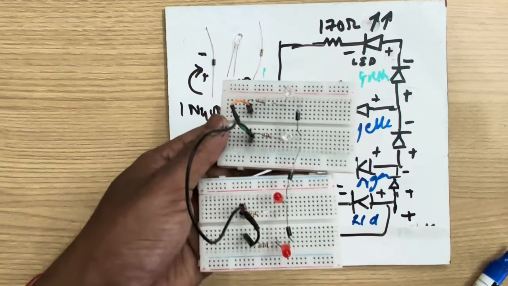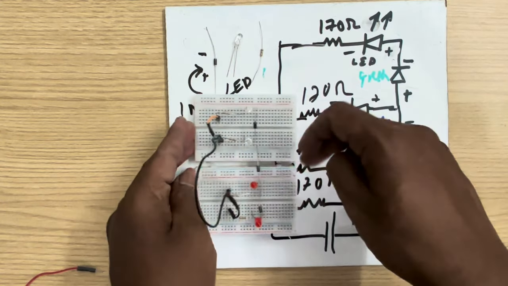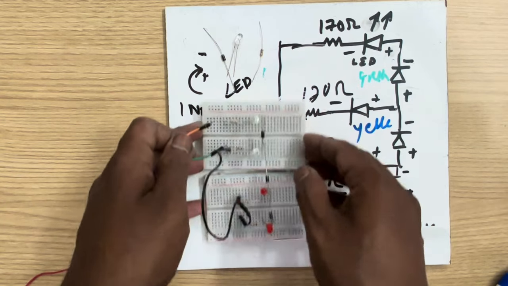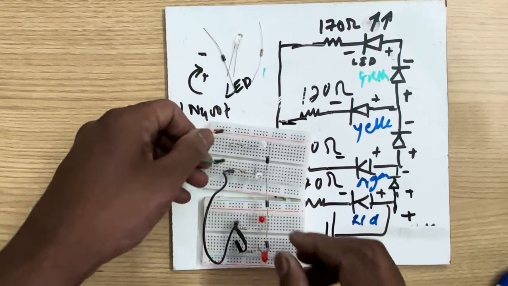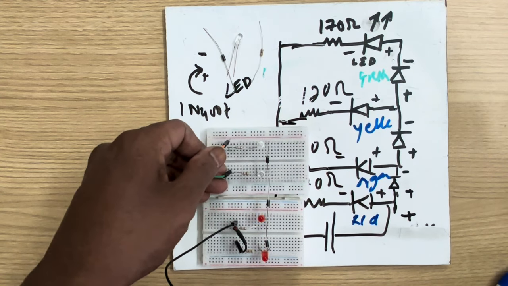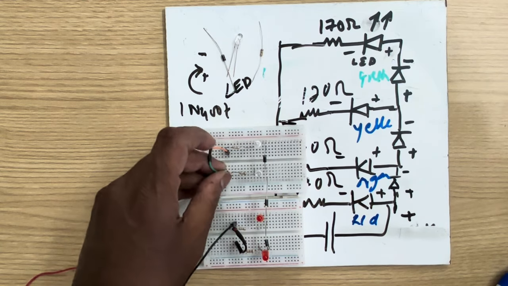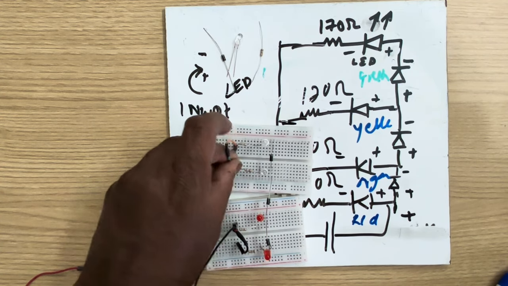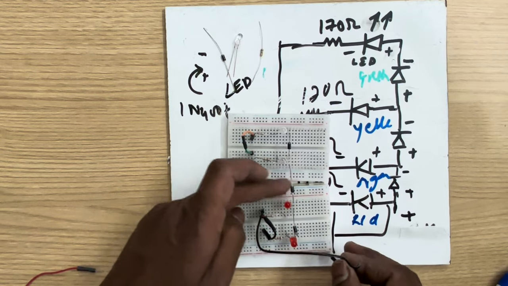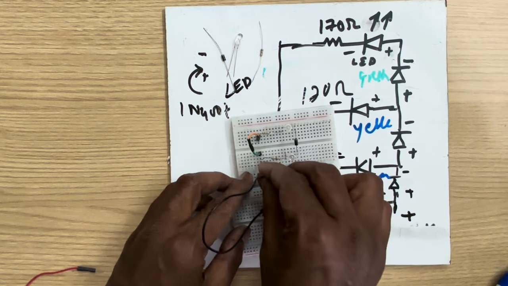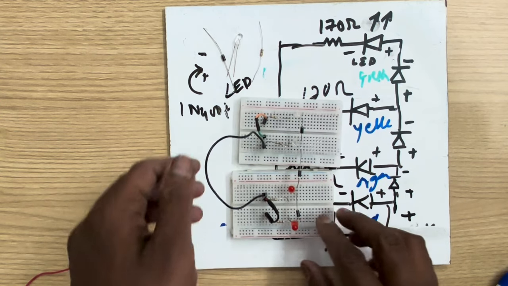You have to connect this with jumpers. This one is a jumper cable, so I've just connected it here like this, and this one, because these two breadboards are entirely different, so you have to make a jumper like this.